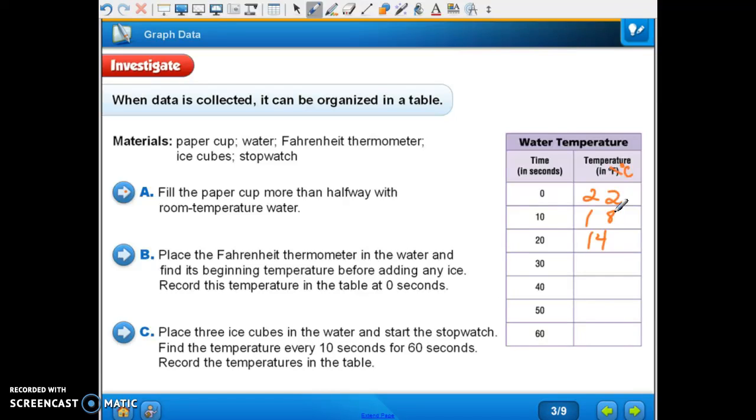And we'll stop it. Then it's dropped some more. I would say to 12. And we'll try it again. And it's now down to, I would say, 10.